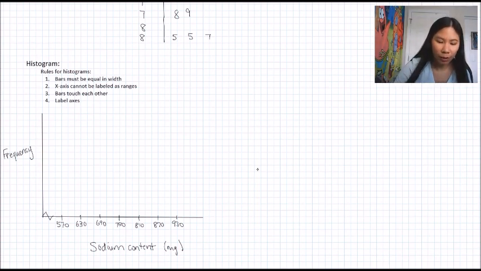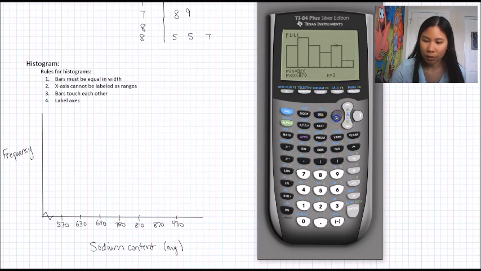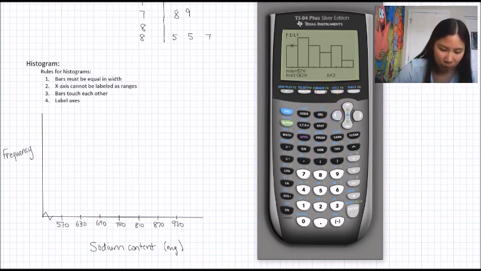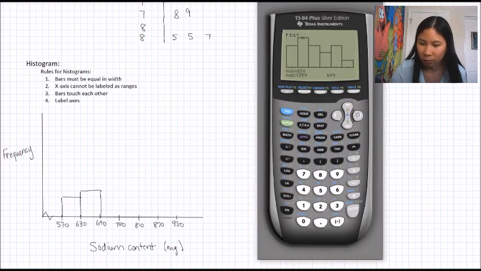So then from here, we just want to draw the heights of each bar. So it looks like the first one, I think we said, was 3. Then we had 4. Then 3 again, 2, 3, 1.